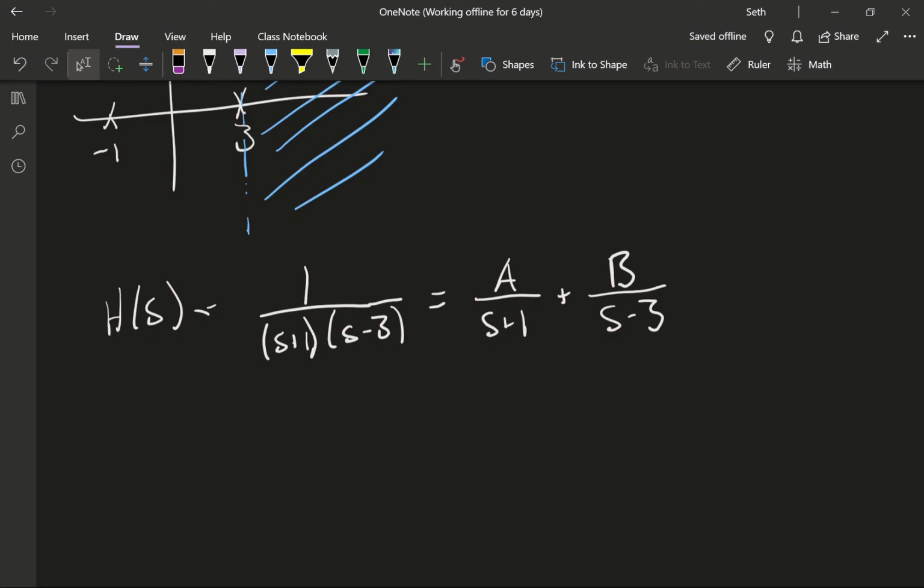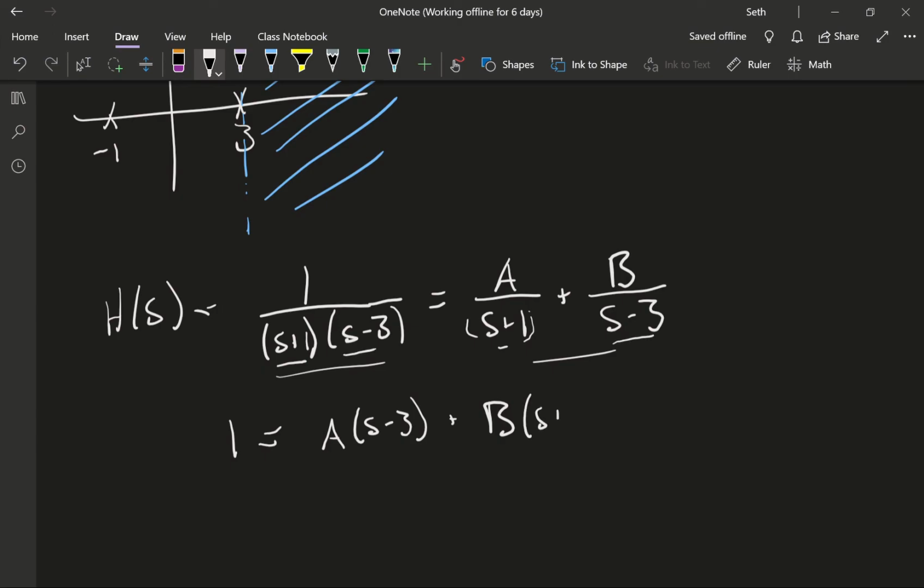Paul's notes, etc. Okay, so I'm going to bring this denominator over to here, and we can write 1 is equal to A(s minus 3) plus B(s plus 1).